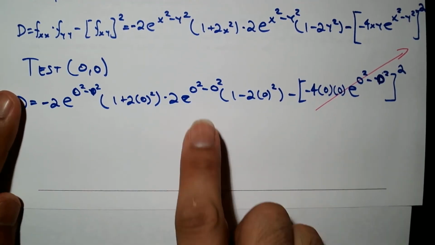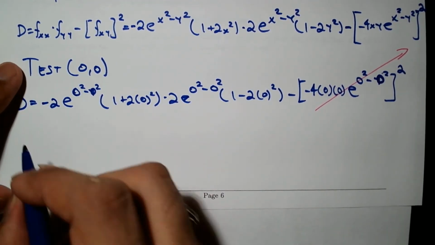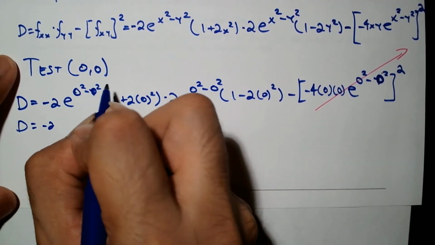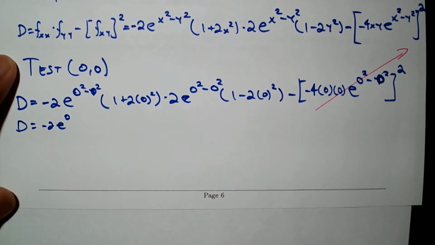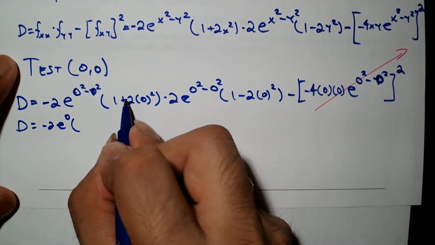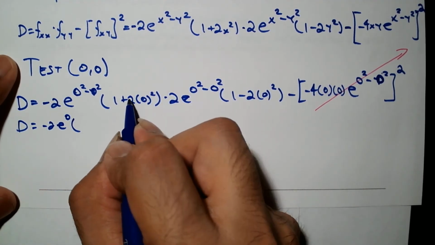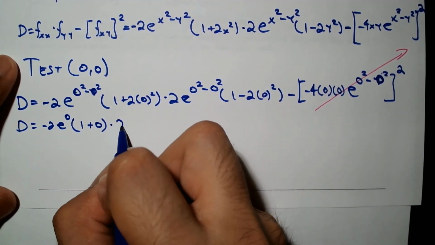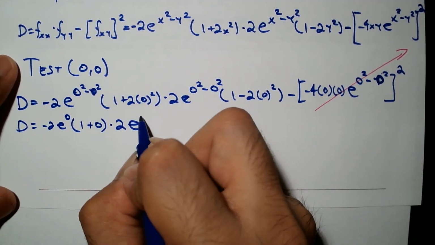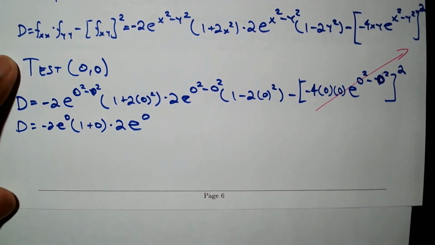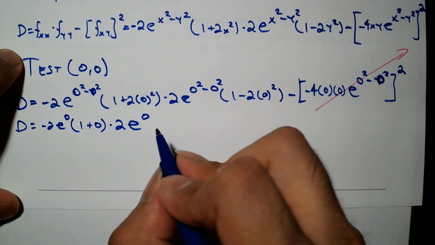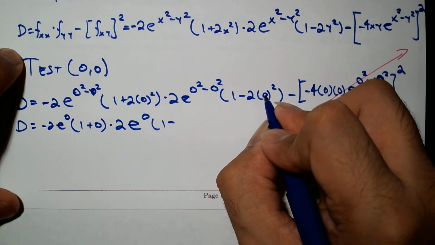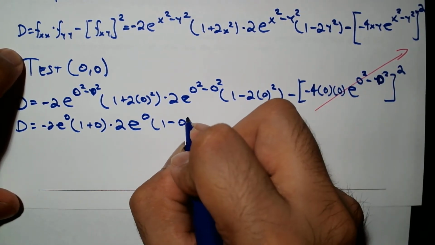Now, over here I'm going to simplify this step by step. So negative 2, this is going to be 0 squared minus 0 squared, which will be simply e to the 0. And then this will be 1 plus 0 squared, which is 0, times 2, that's 1 plus 0. And then same here, times 2, which is e to the 0 squared minus 0 squared, which is also e to the 0. And then 1 minus 2 times 0 squared, so 0 squared again is 0, times 2 is 0.